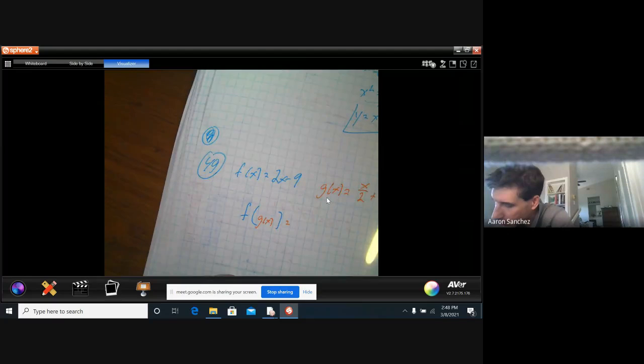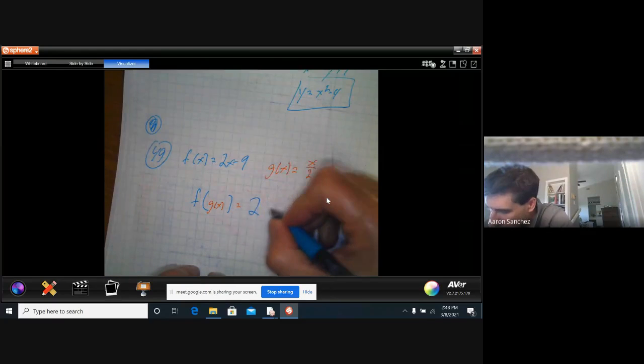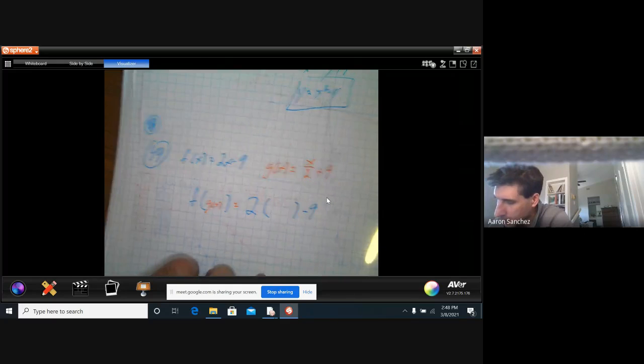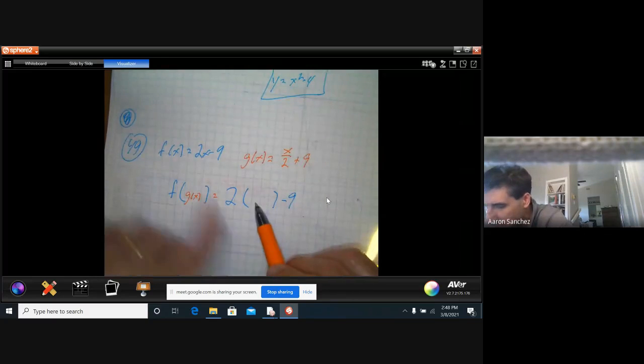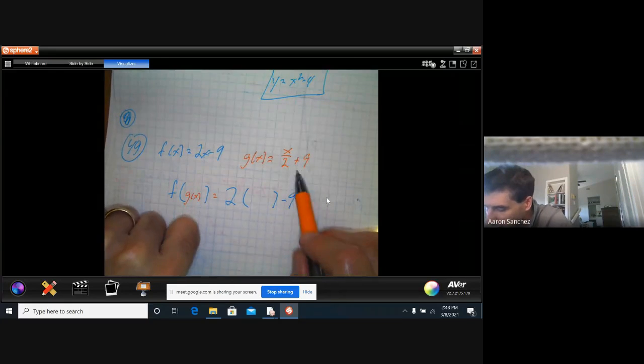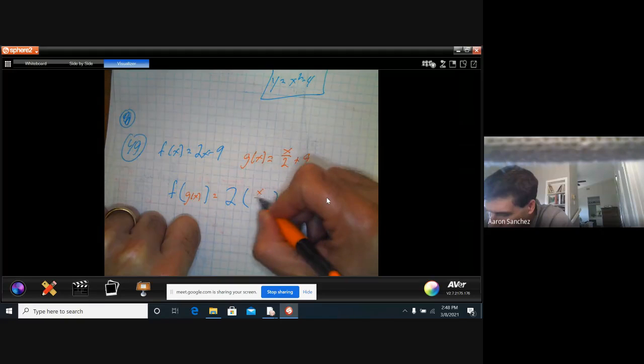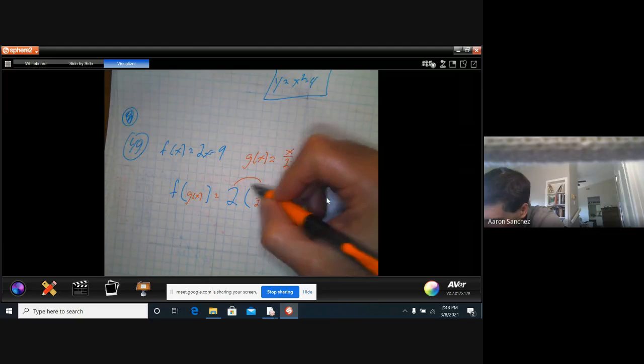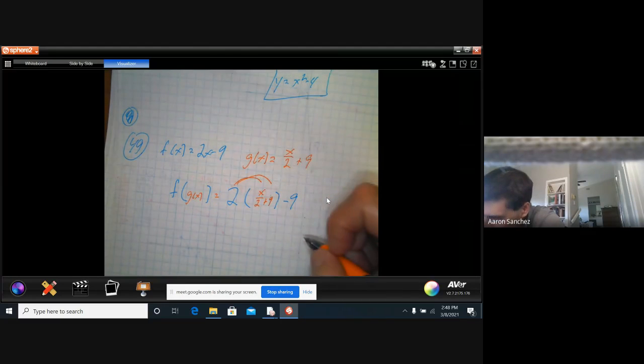So let's write the f of x real big. 2 times x minus 9. Instead of x, you plug in the x over 2 plus 9. So you multiply 2 times x over 2 and 2 times 9.